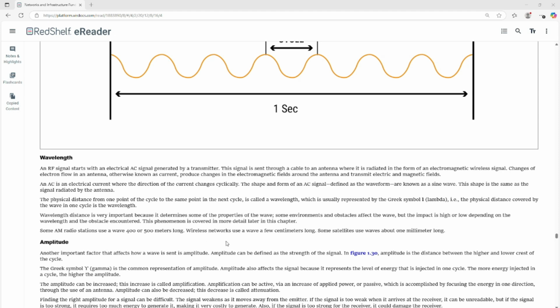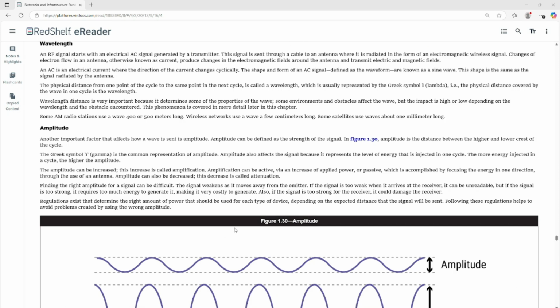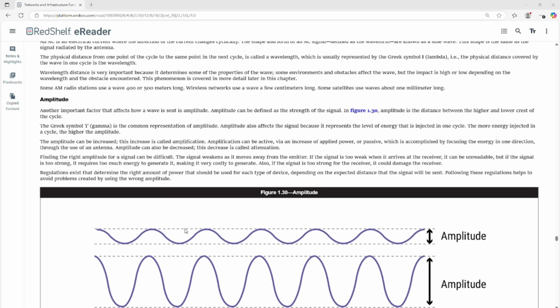Figure 1.30 shows an amplitude. When you look at this diagram, the amplitude is the distance between the higher and the lower crest of the wave. So, that's it.